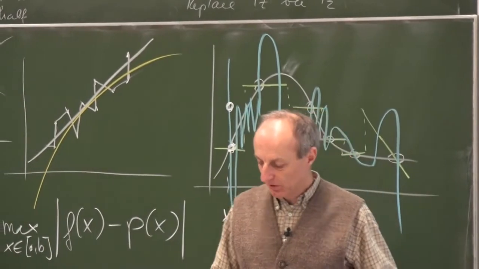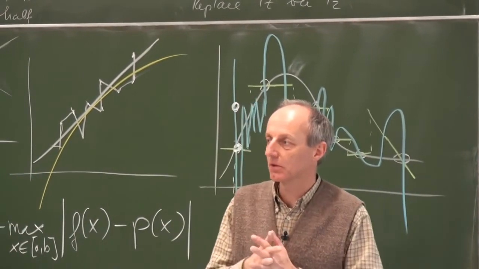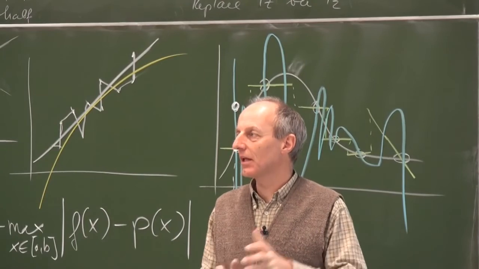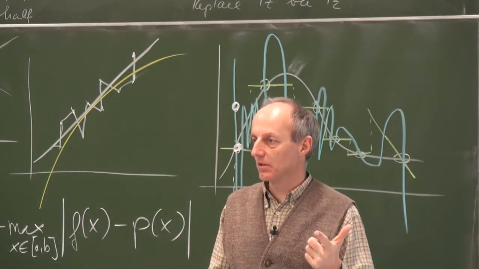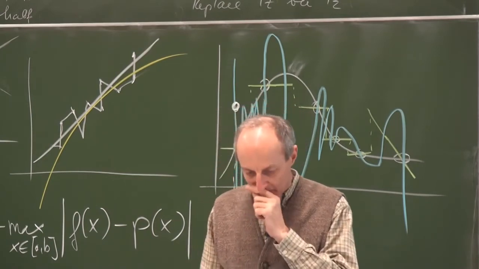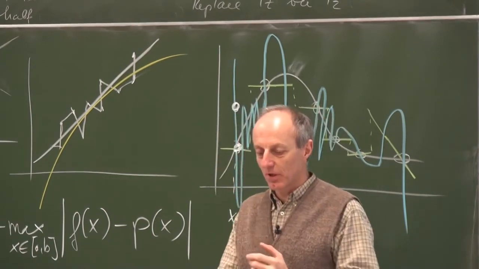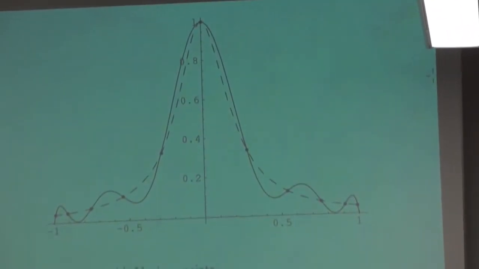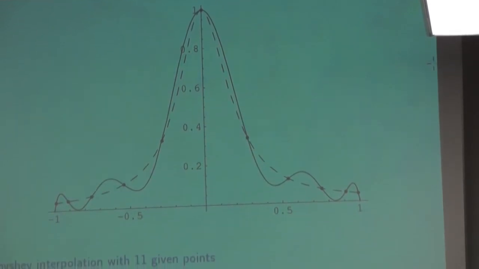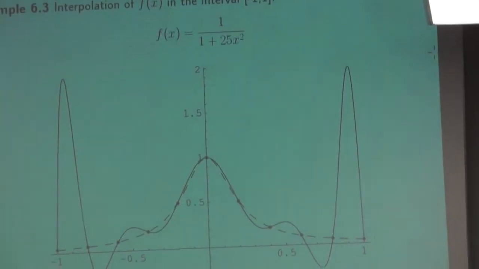Now we are finished with polynomial approximation. We see that it's very easy, but that it's limited. Now what can we do to solve the problems? Let's go back to the picture here. Or no, let's go back to the other picture. It's even better.